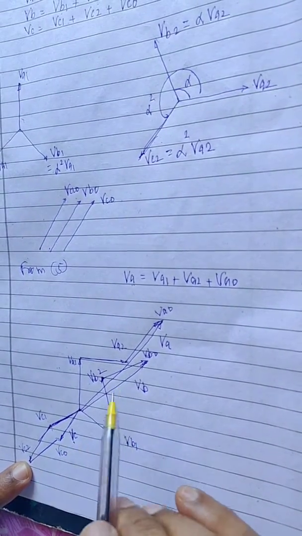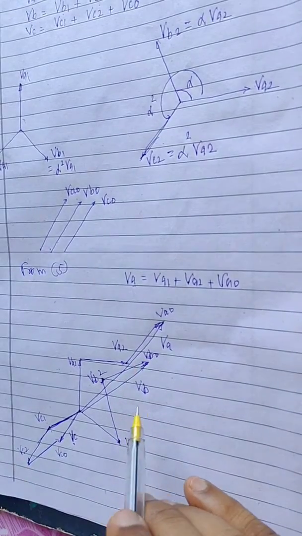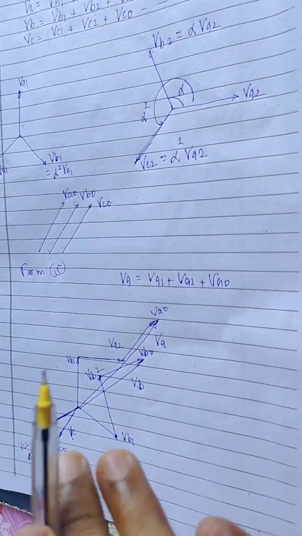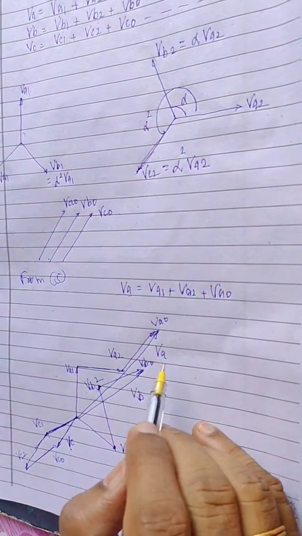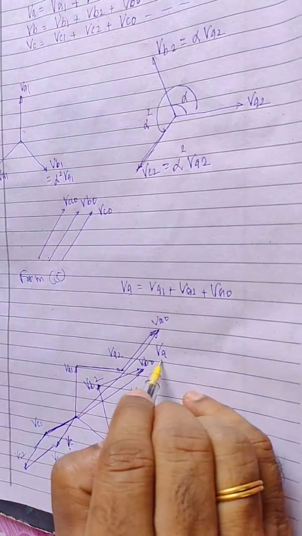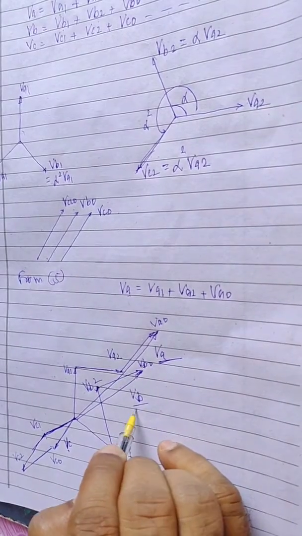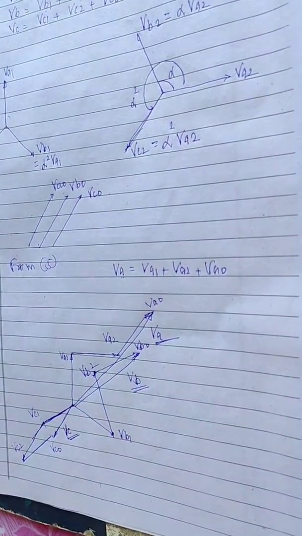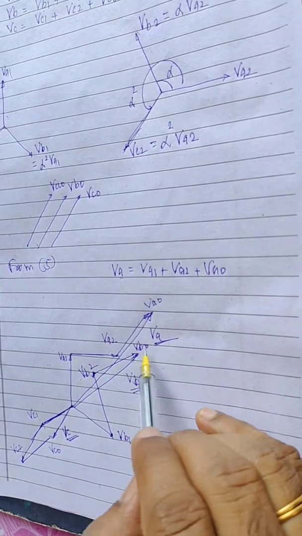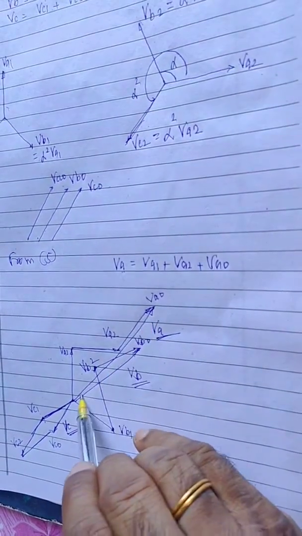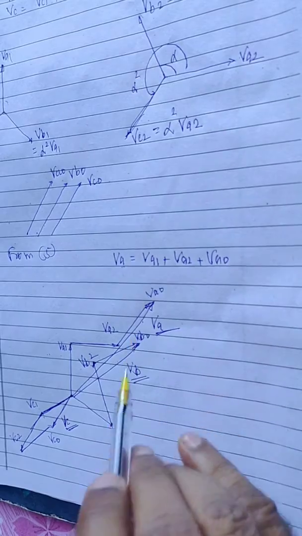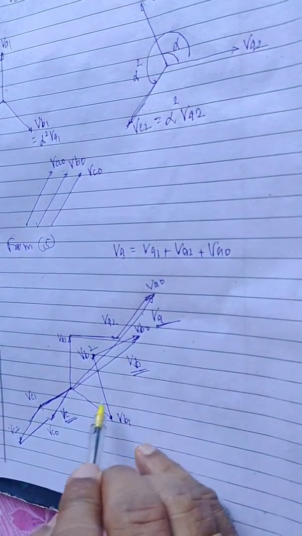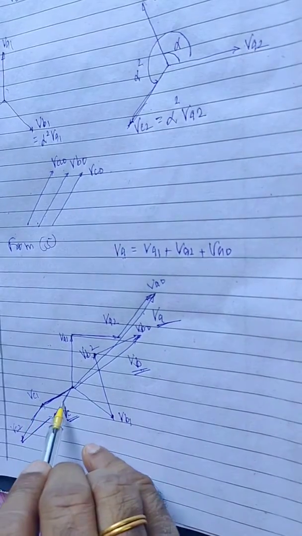So these are the positive sequence, negative sequence and zero sequence components of the corresponding phases, added to get phase voltages VA, VB and VC. From this it is clear that the vector length of VA is not equal to that of VB, which is not equal to that of VC.